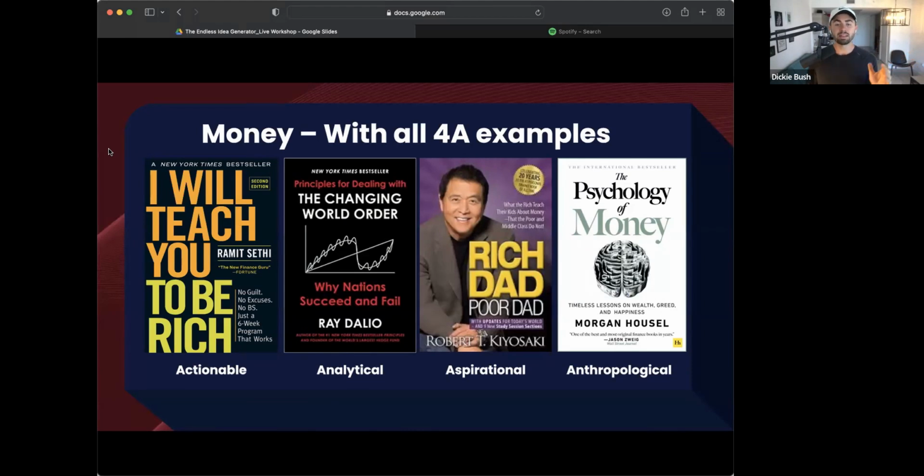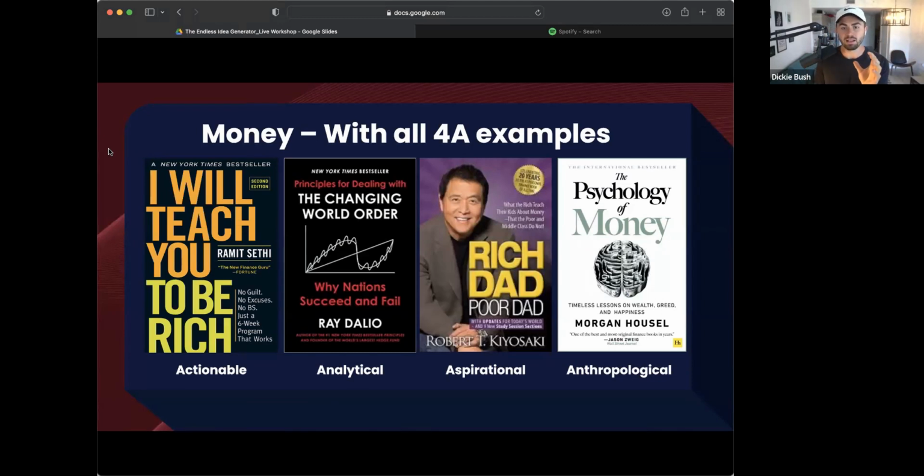And people can build an entire career around one bucket in one of these frameworks, right? All Ramit Sethi does, if you've read any of his stuff, it's like pure action. But if you read Psychology of Money, it's like, hey, you don't even know what you don't know about money. And I'm going to show you how.